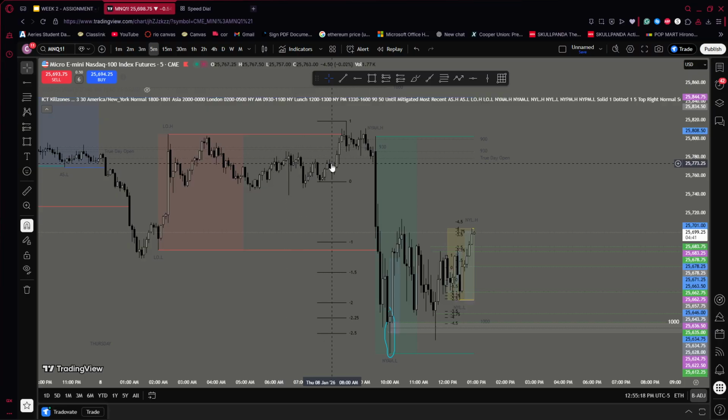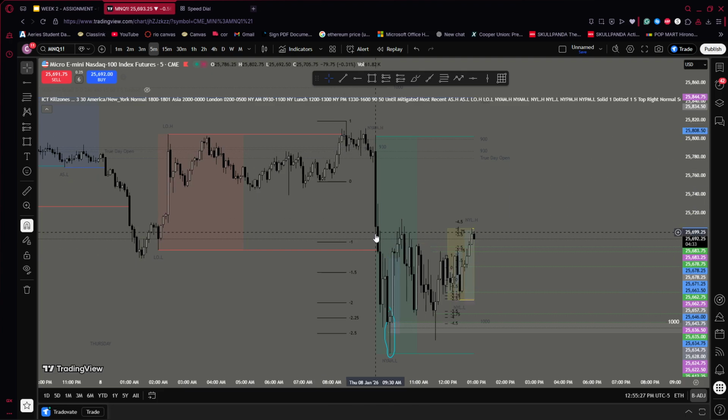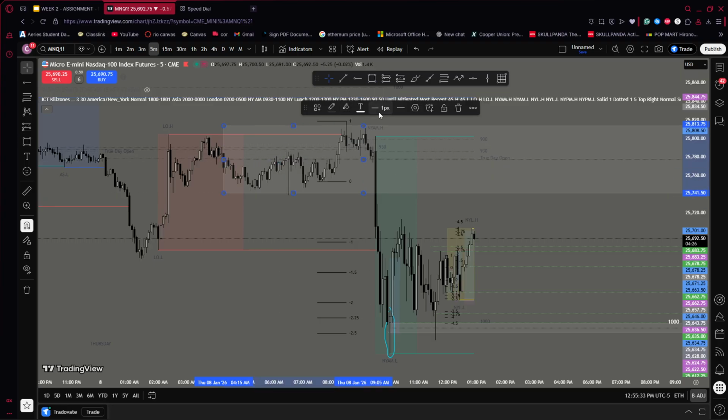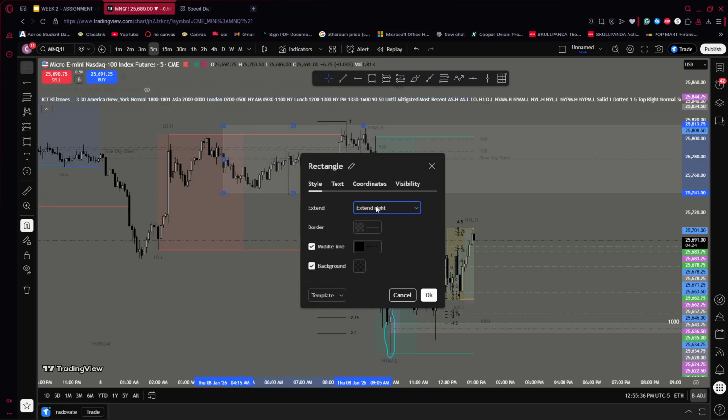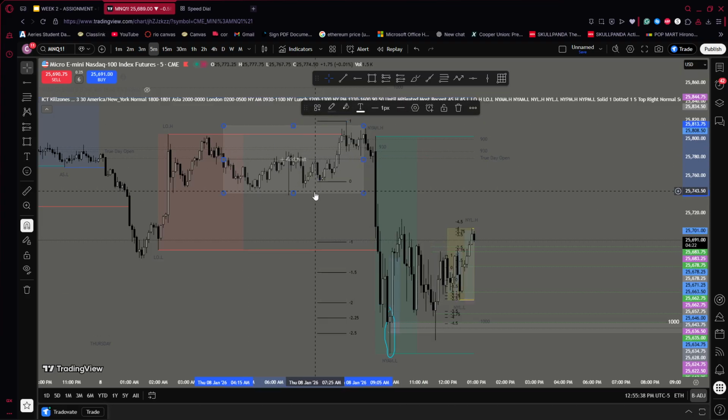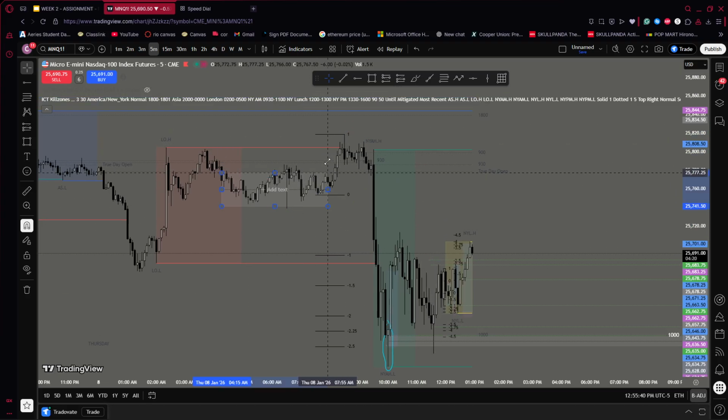So accumulation right here, and then the leg up. This is the manipulation, and then you can identify this after this dumps, because after this dumps and this breaks the low that was made during all this accumulation right here. This is all the accumulation. So actually accumulation's right here, because this is all like, no, it's not going anywhere.